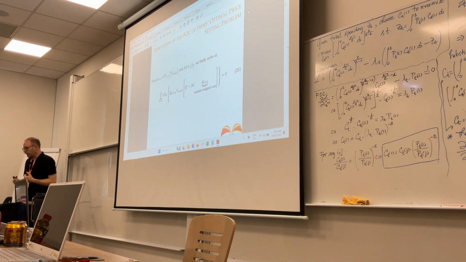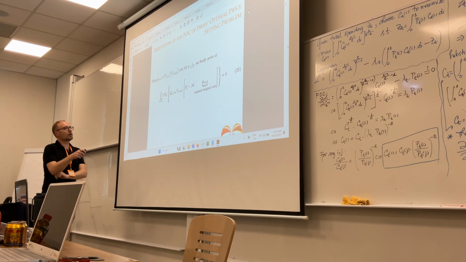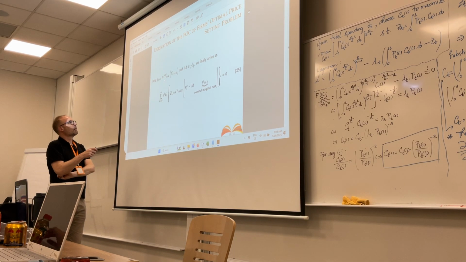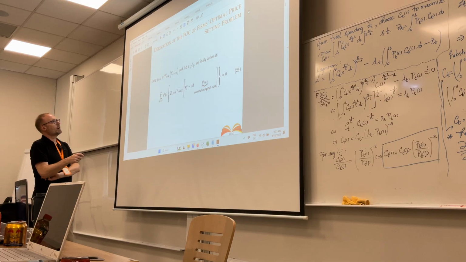And we can rearrange this a little bit. We can define a new variable as our marginal cost, and our markup. So we have here the easiest setup. We have the price that we choose. We're trying to set our price equal to this markup over nominal marginal cost.